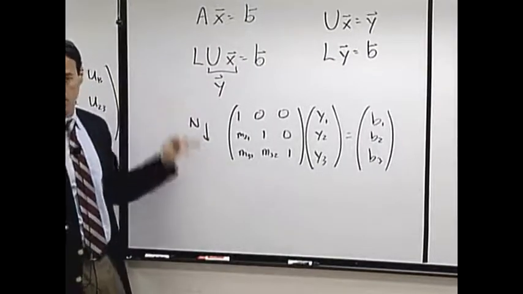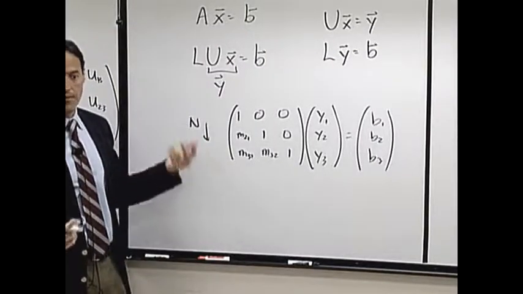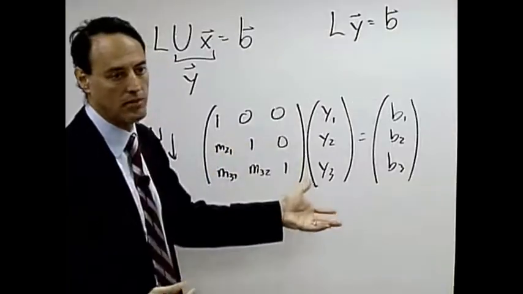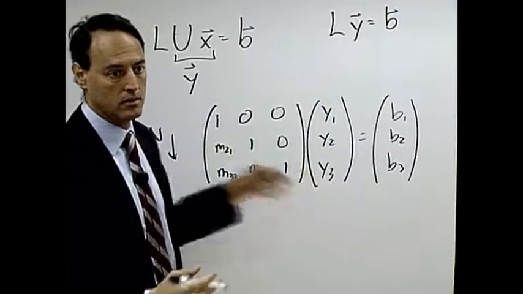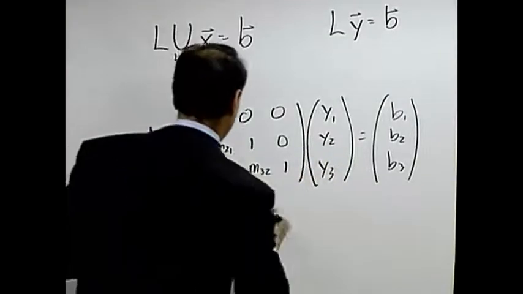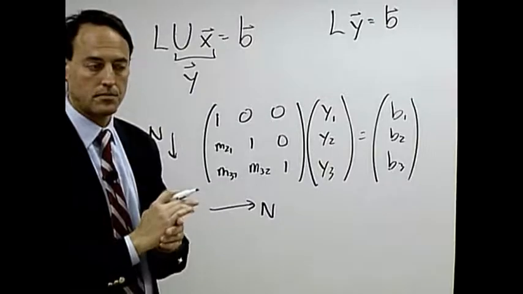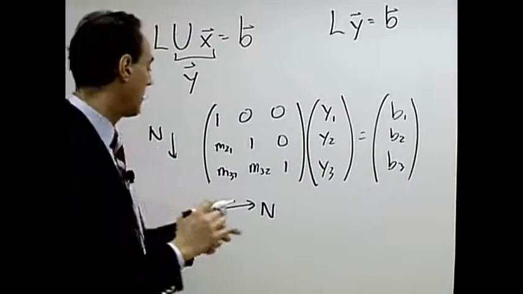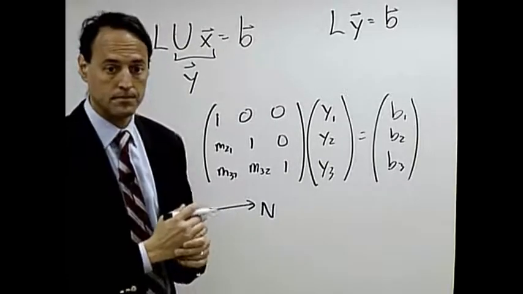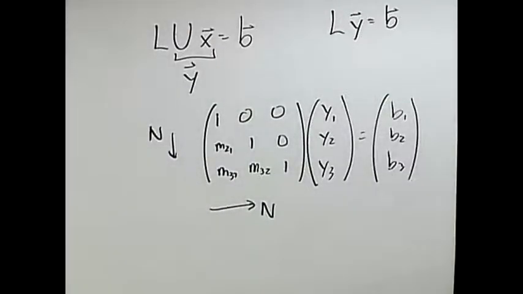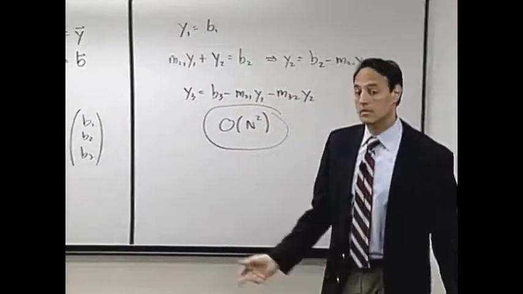So there's n amount of work going down like this. And for every row I've got to solve one of these equations, solving for y2 in terms of everything else that's there. And there's n of these. So a substitution routine would cost me order n squared. Not bad.